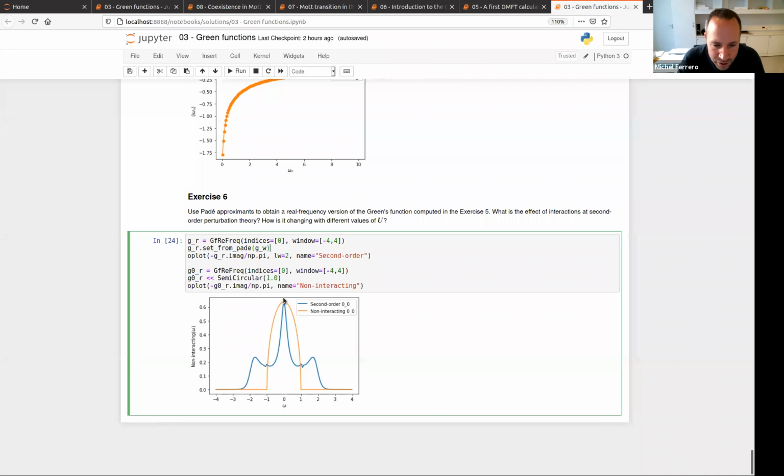So there's a narrowing of the peak here close to 0, which corresponds to an excitation close to 0, a quasi-particle excitation. And there's a signal of something going on, coming here, those bands here, which you will see have something to do with the Hubbard bands in the Mott transition, and I'll come back to that later. Okay, that's that.